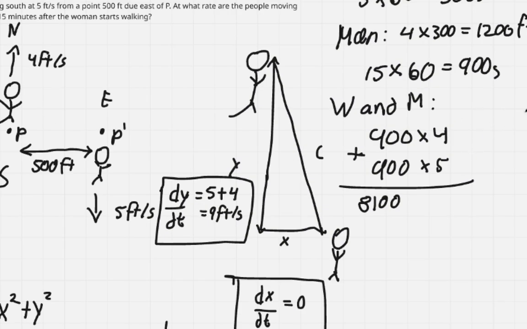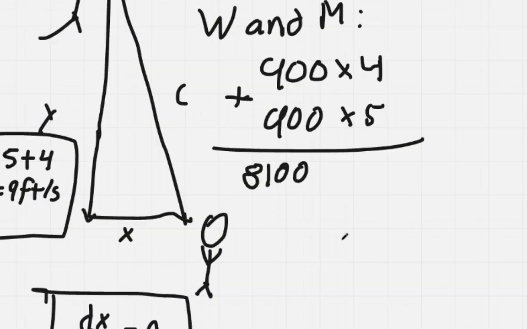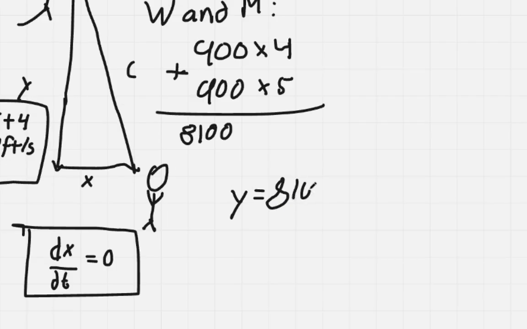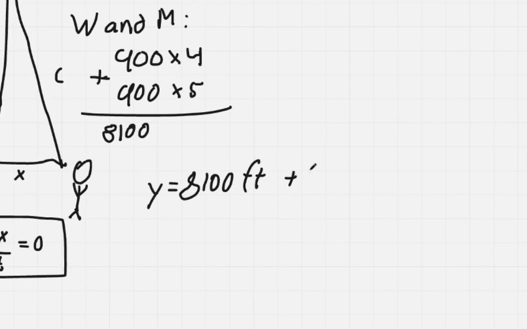So if we add all of these together, we have that y is equal to 8,100 feet plus 1,200 feet, which is equal to 9,300 feet.